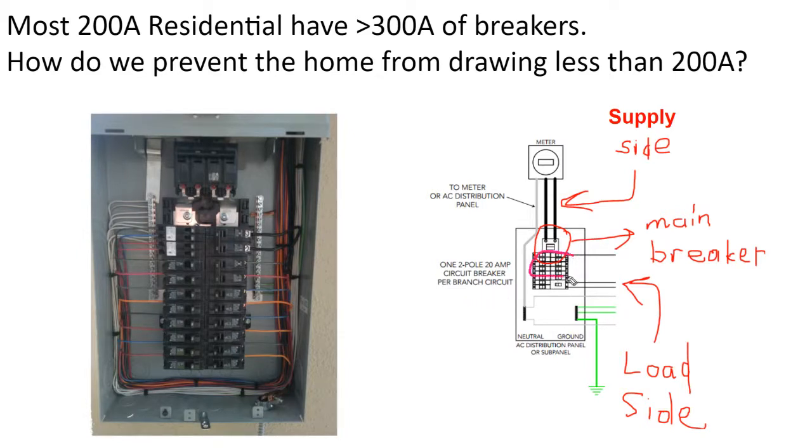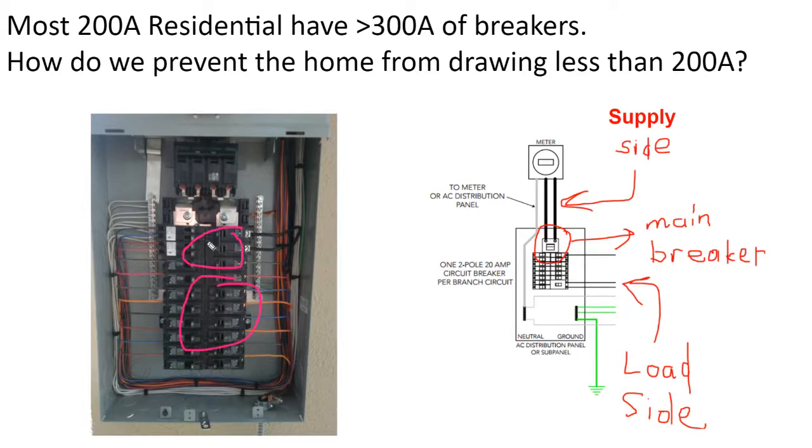This code provision is necessary because it is common to have more than 200 amps of load breakers on a service panel. If you count the breakers on an electric service panel, it's likely to total 300 amps or more. An assumption is being made that not all the loads are being used at the same time.